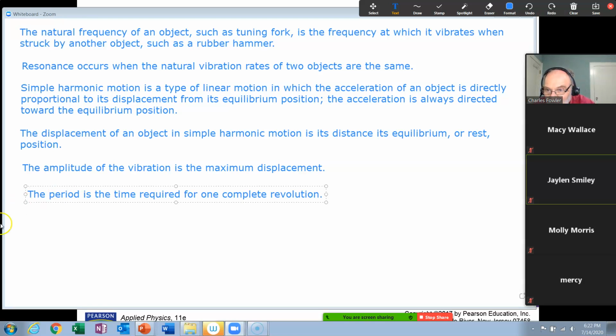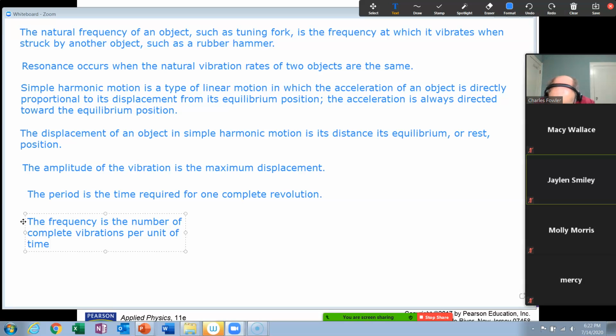And of course, then the last term is frequency. Frequency is the number of complete vibrations per unit time, or the number of complete revolutions that you make.